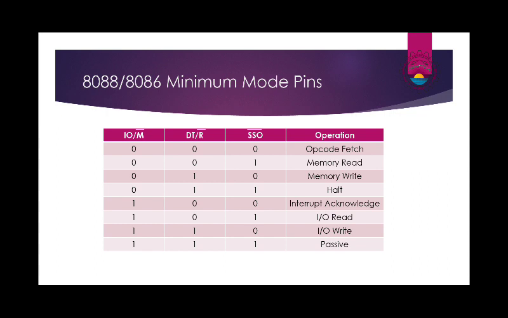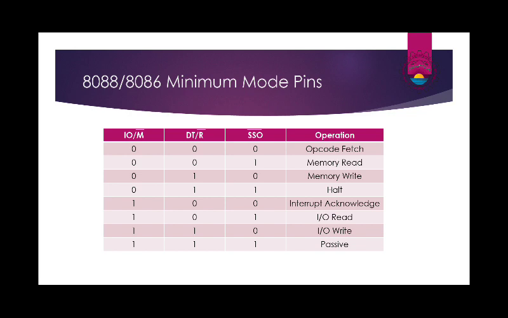Now I am going to discuss the second half of this table starting from interrupt acknowledge bus cycle. During interrupt acknowledge bus cycle, IO device will be accessed. So IO slash M bar will be having 1 and data will be received from the IO device by the microprocessor.